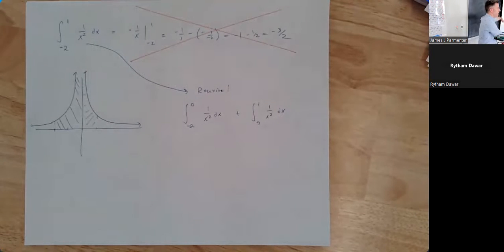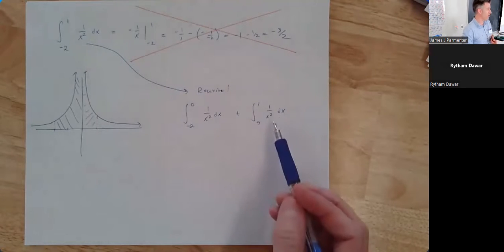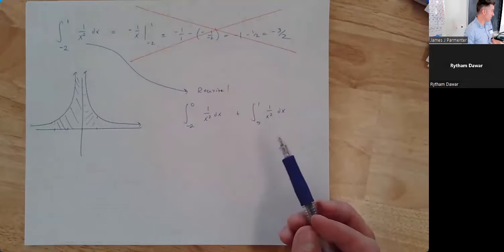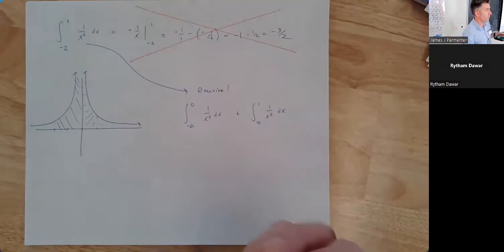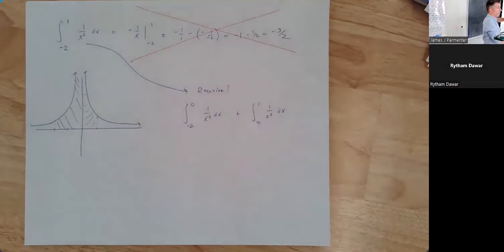There's some other stuff there, but when you anti-differentiate 1 over x squared, you're essentially going to get 1 over x. Meaning, if you're going to end up plugging in 0, is it going to diverge or converge? Right, because you're going to have 1 over x and you're plugging in zero.